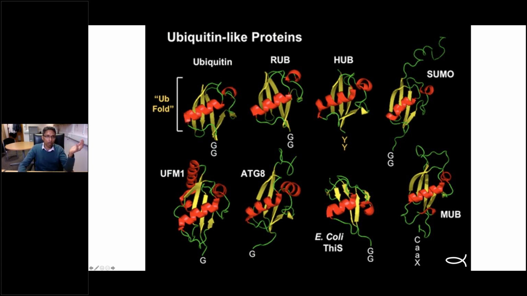And the archetypical one is ubiquitin here. It has what we call this ubiquitin fold, where you have 3 beta sheets with the alpha helix going across it. And you can see this fold across these ubiquitin-like proteins like RUB, related to ubiquitin, HUB, and here you see SUMO, which is small ubiquitin-like modifier protein.